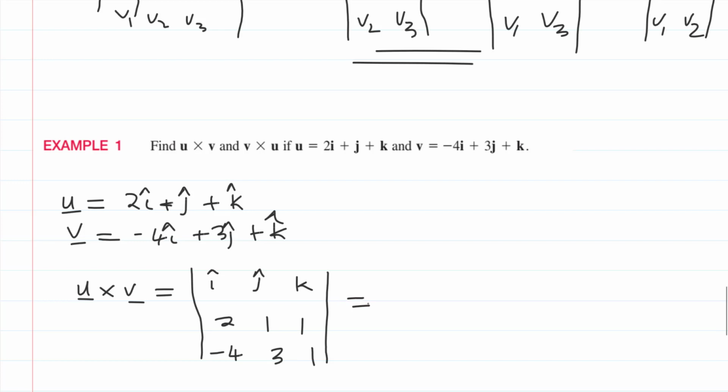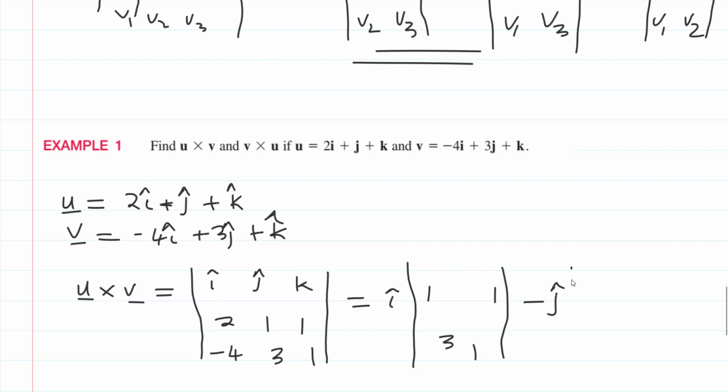Then of course the first pivot will be positive. So if we cancel that row and column, we remain with the matrix 1, 1, 3, 1, and we get the determinant of that. Then the second will be minus j, because remember the second pivot is minus, so it's plus, minus, plus.